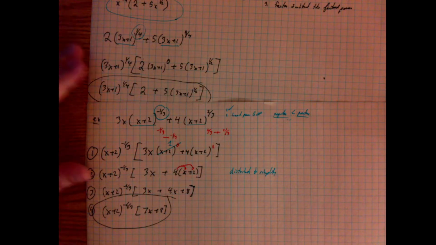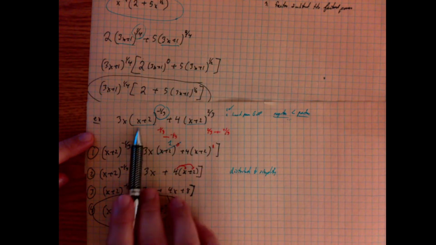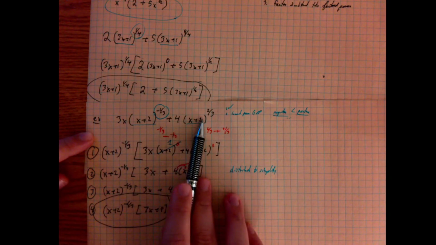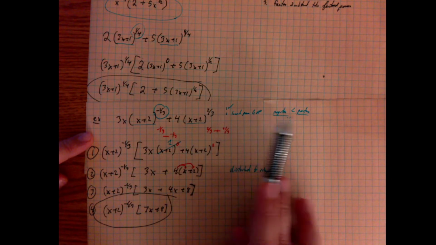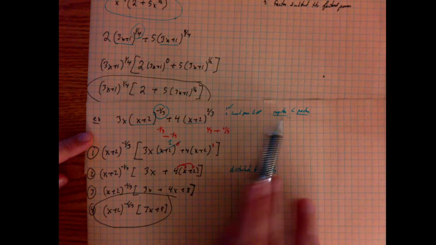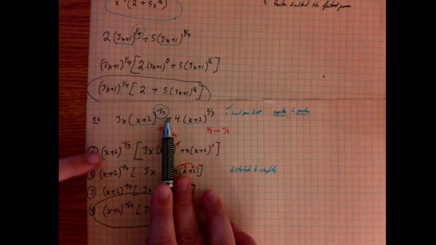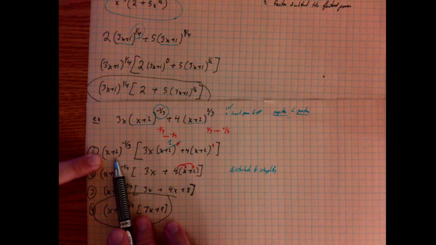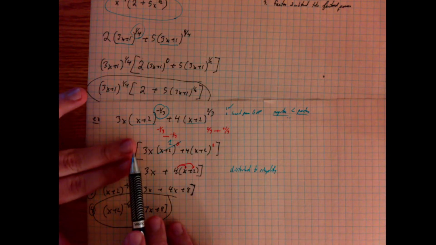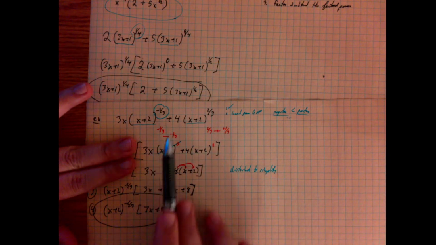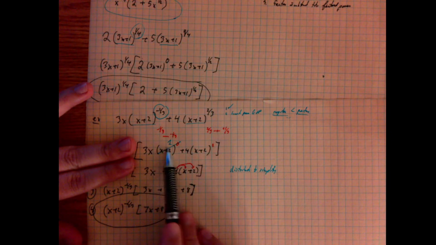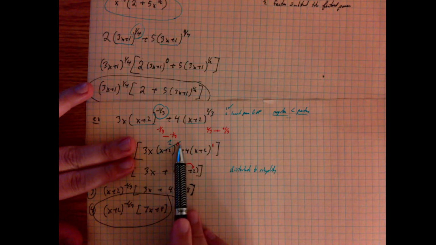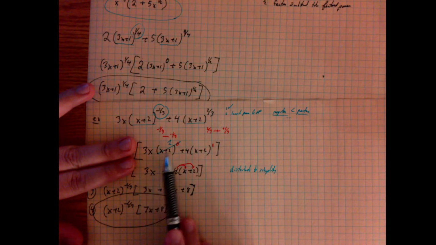Again, let's go through our steps. Step 1, we have to make sure these match. They did. And now we decide for part 2, we need to have the greatest common factor be the lowest. Remember, negative is always lower. So we take that negative 1/3, and our first step is to bring that out. Once we bring it out, we have to pick how the rest of it's going to fix. So the 3x stays a 3x. The negative 1/3 causes this to become a power of 0, which will eventually be replaced by 1.